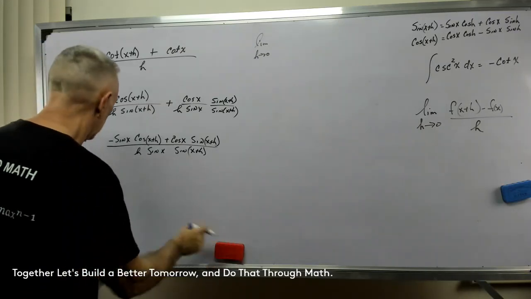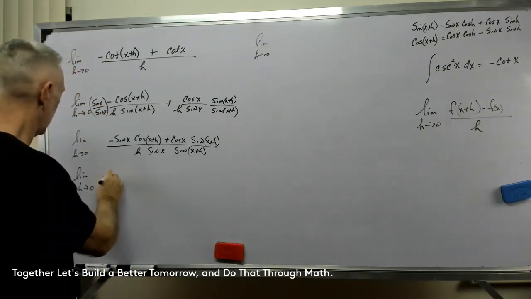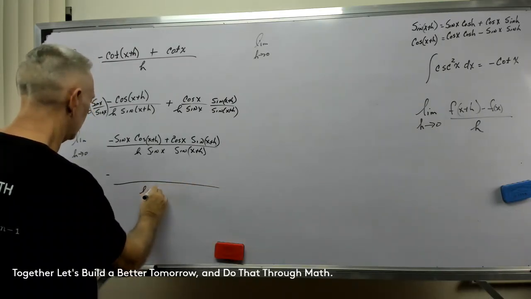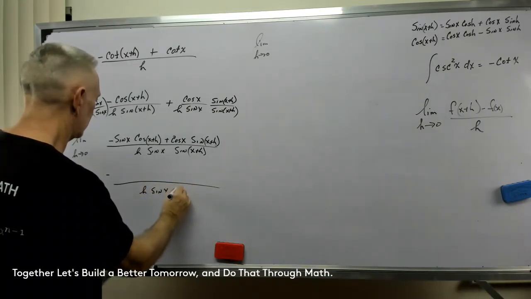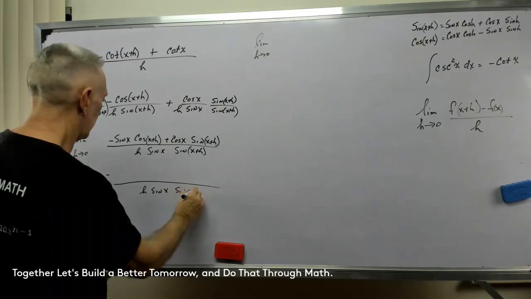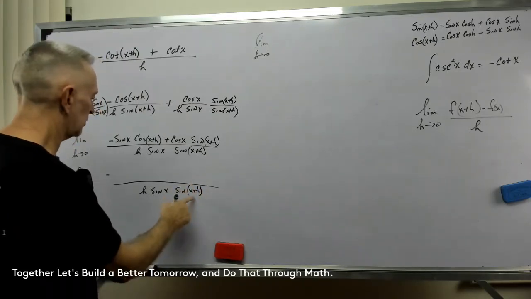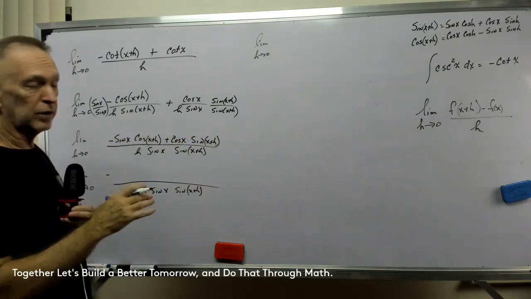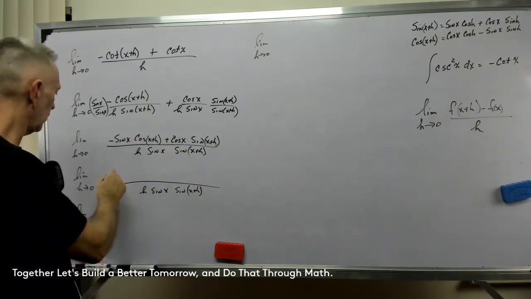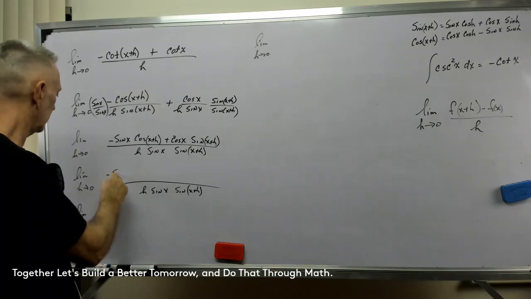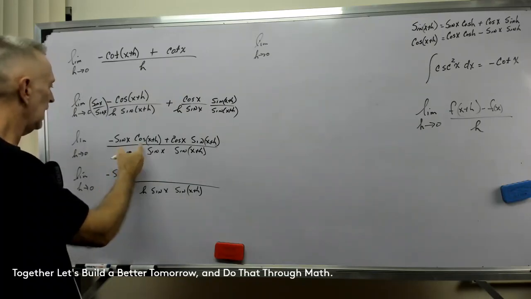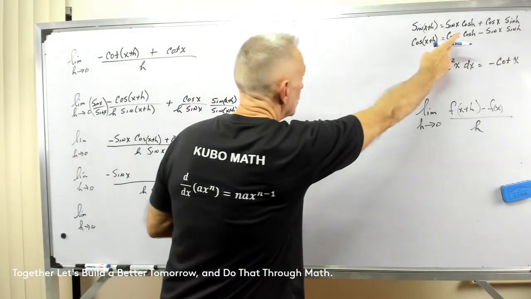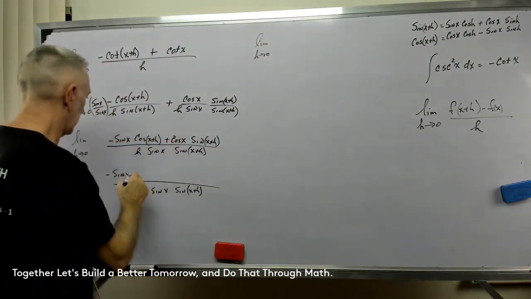Let's see what we have here. It's all over h sine x plus h. I'm going to leave the x plus h in the denominator and work with the numerator for the moment. Minus sine x times cosine x cosine h.